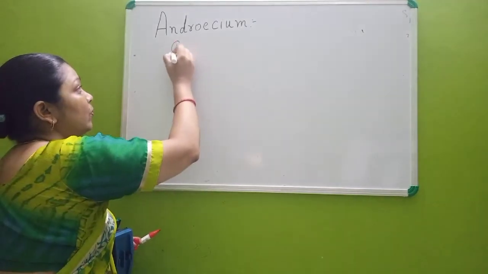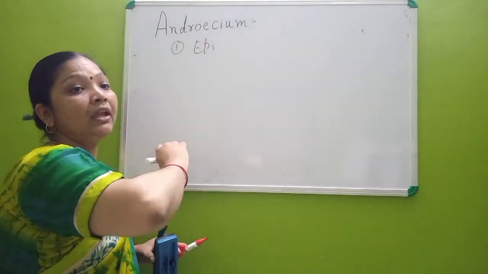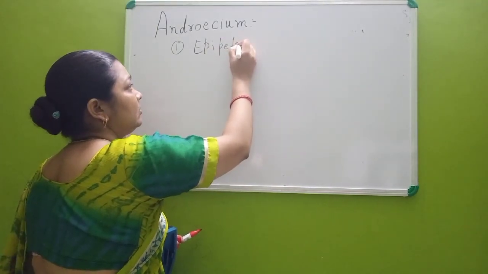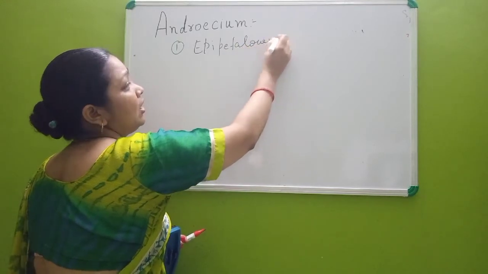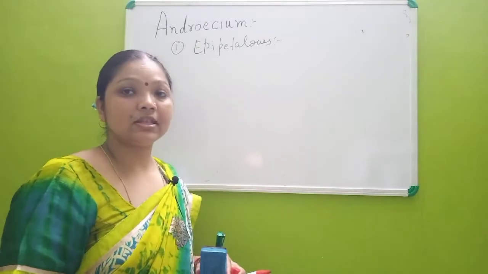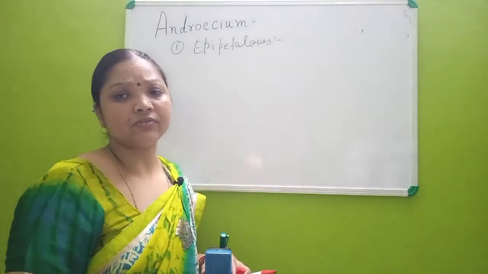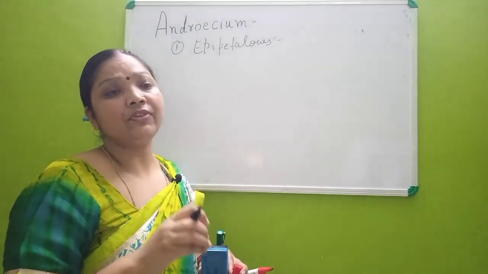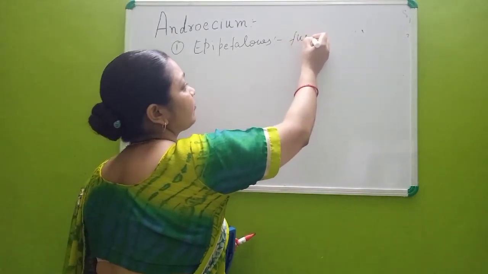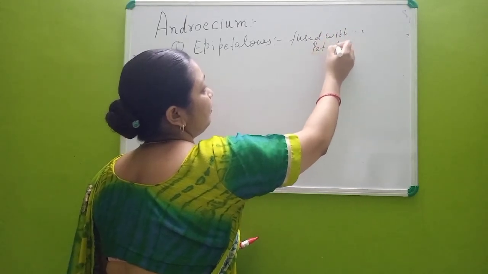The first one is called Epipetalous. The name suggests petalous means petals. That is, the stamen, mainly the filament, is fused with petals.